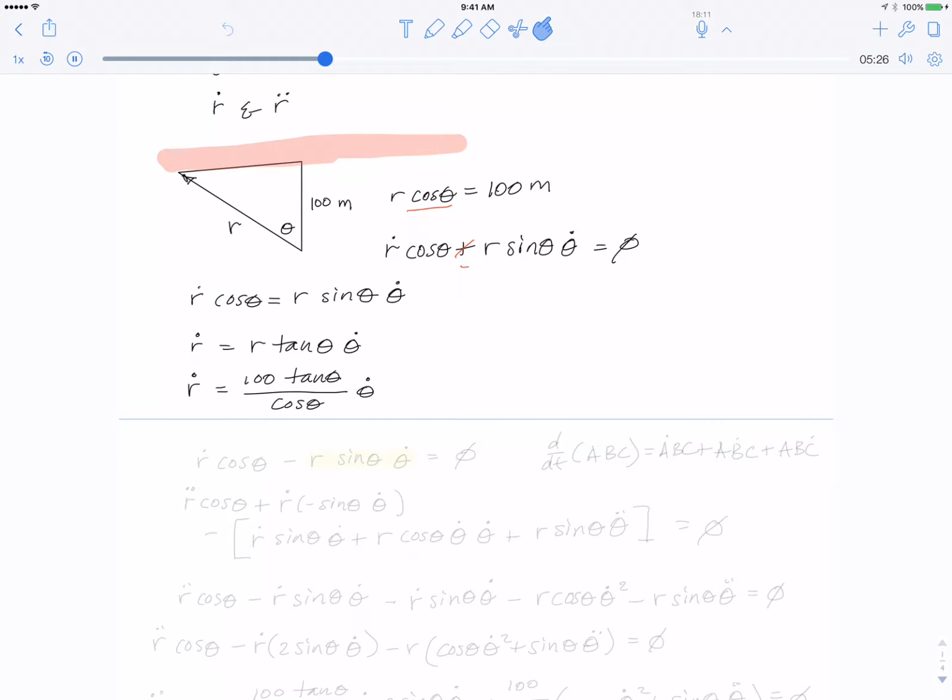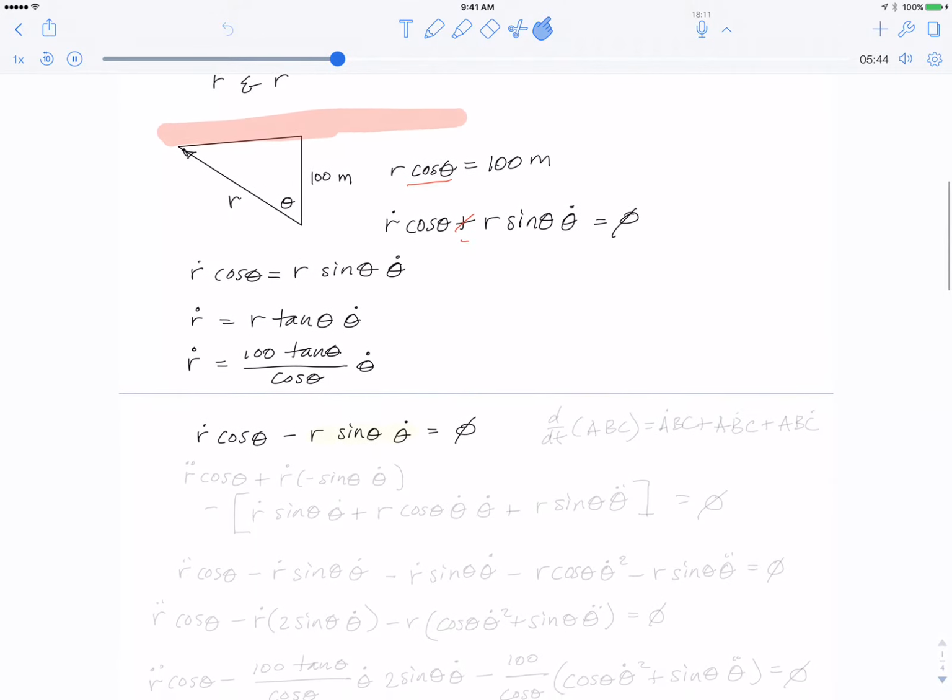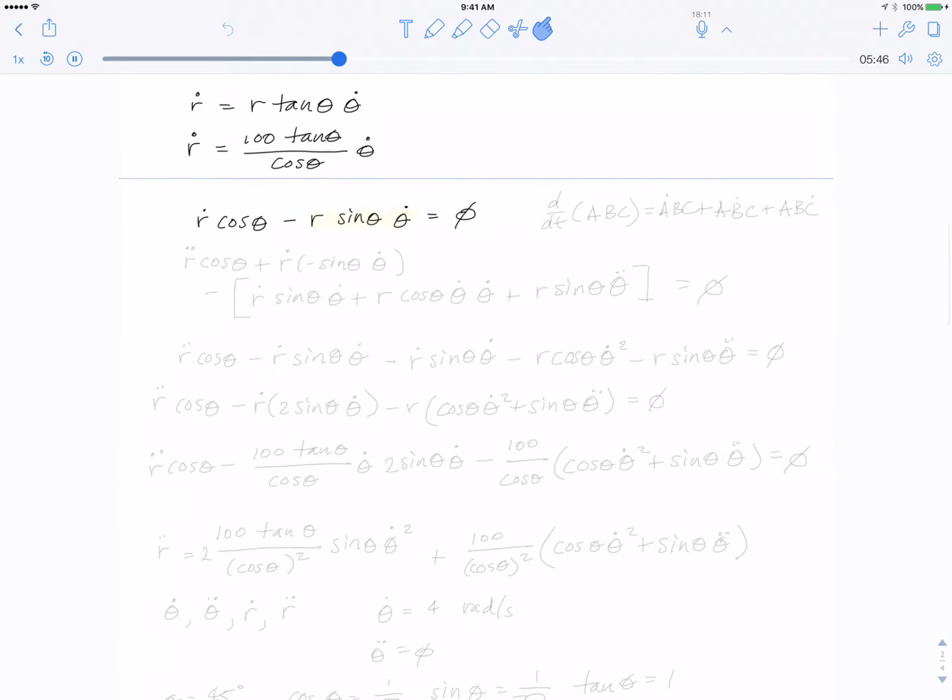Next, we need to get r double dot, and I don't really feel like differentiating r dot. So what I'm going to do is start with this, r dot cos theta minus r sine theta theta dot equals 0, and I'm just going to take the derivative of that whole thing using the product rule and chain rule.